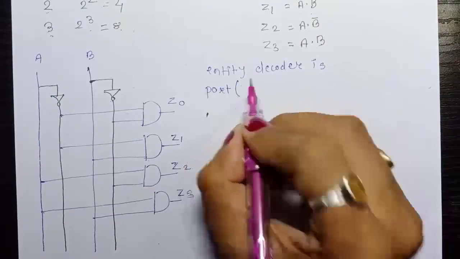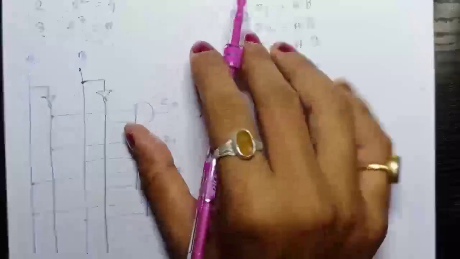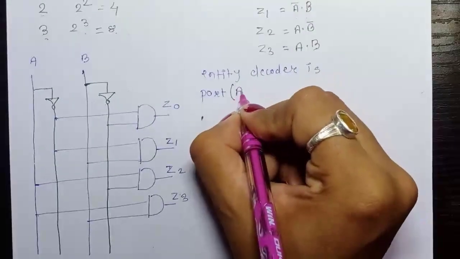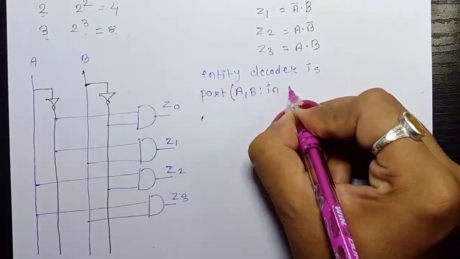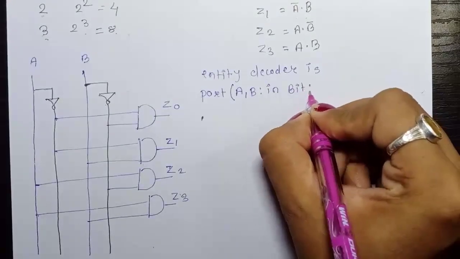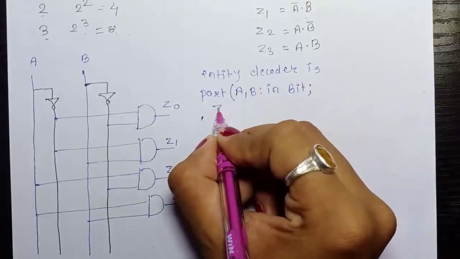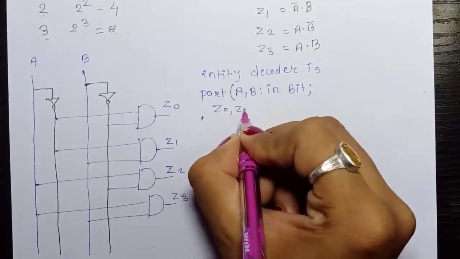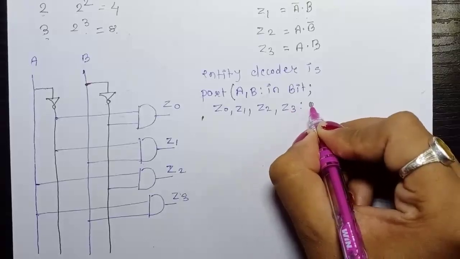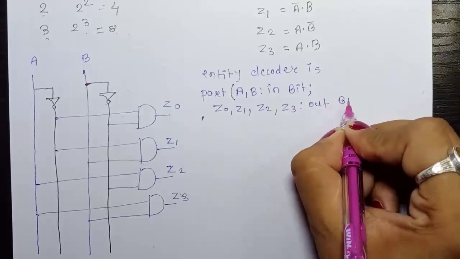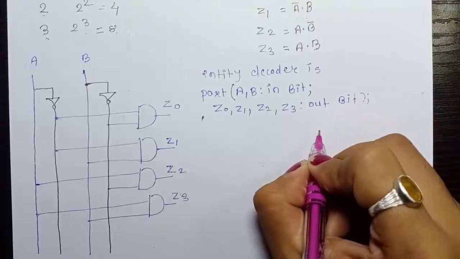How many ports are there? 2 input ports and 4 output ports. So A, B are input ports. Data type is bit. Then Z0, Z1, Z2 and Z3 are your output ports with data type bit.